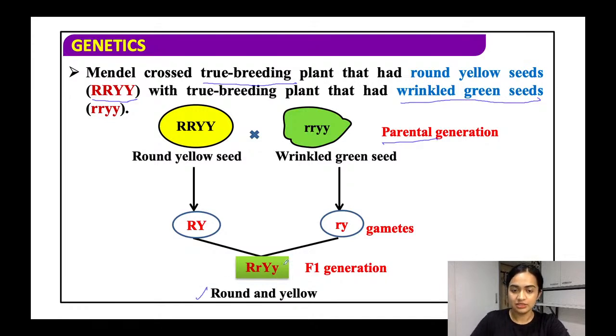But just see that the F1 has also formed the heterozygous condition. Basically, one gamete from round yellow and one from wrinkled green has formed the F1 generation. Phenotypically, it is the same as the dominant, or it will look completely similar to the round and yellow one.